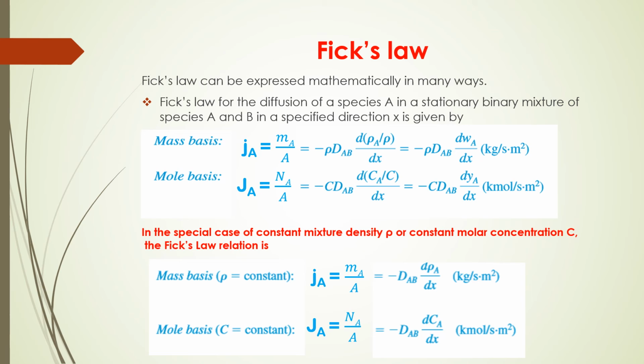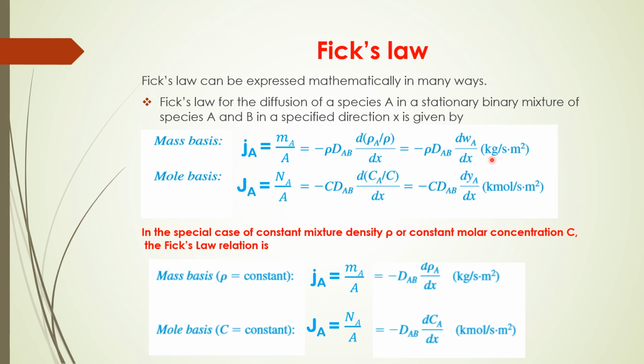Now we'll see the other forms of Fick's law. Fick's law can be expressed mathematically in many ways. First, on a mass basis, JA equal to MA by A, which is minus rho DAB d(rho A by rho) by dx, or it is equal to minus rho DAB d(mass fraction WA) by dx.